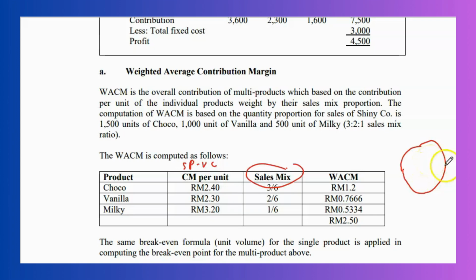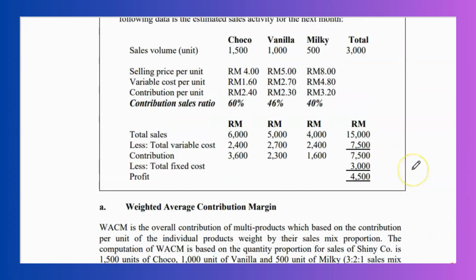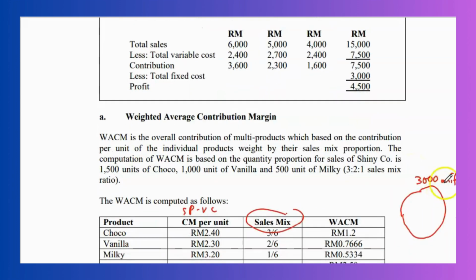Let's say the total sale here is 3,000 units. You have to find the mixture, or proportion, of sales for cocoa, vanilla and milky. In this case, the sale of cocoa is 1,500 out of 3,000, which means half of the sales come from cocoa.